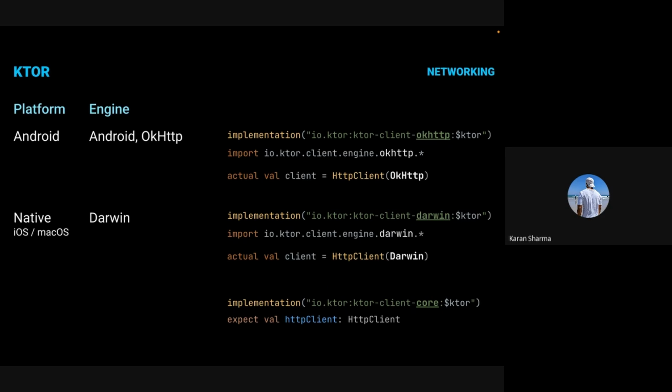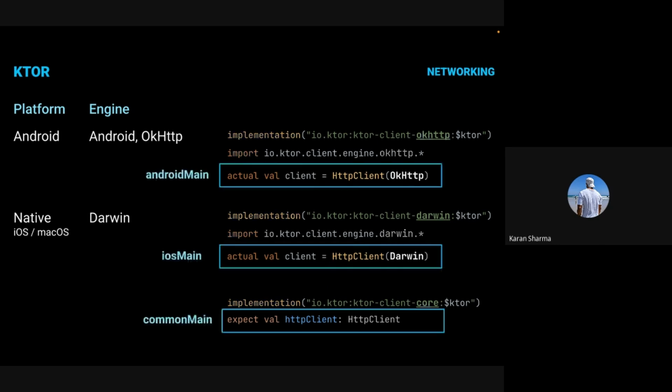So we have to provide the actual client for the iOS source set as well. For iOS, we use Darwin, and then we can create the HttpClient object. After putting it in our specific source sets, we can use it in our commonMain code.